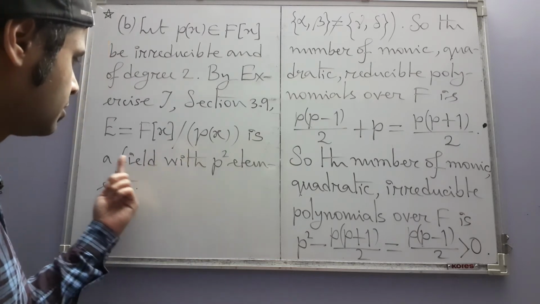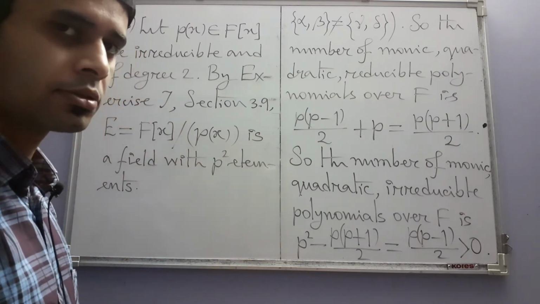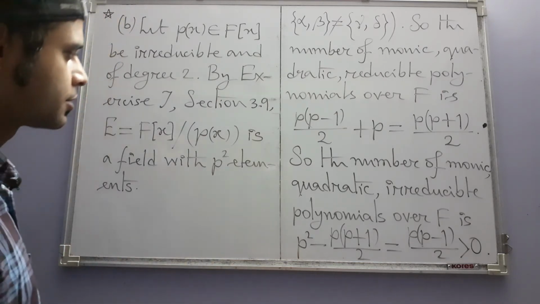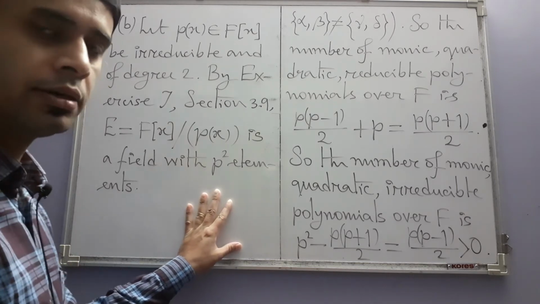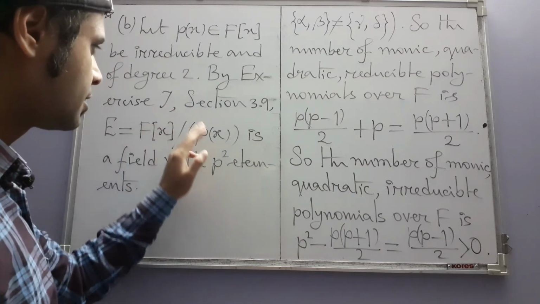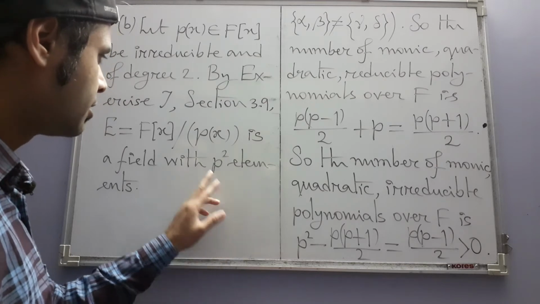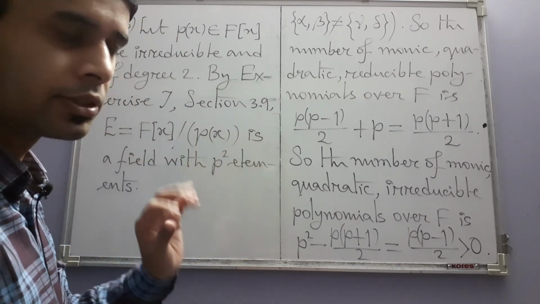In that case, a field with p to the power n elements is constructed. You can recall your results from field theory and see why this is a field, because F[x] is after all a Euclidean ring, it's a polynomial ring, it's a ring.